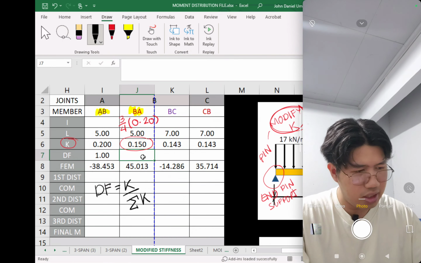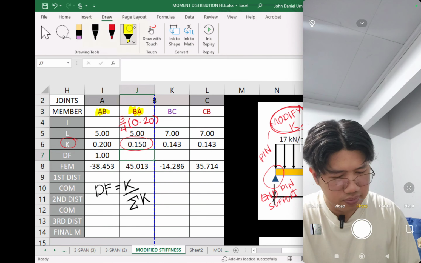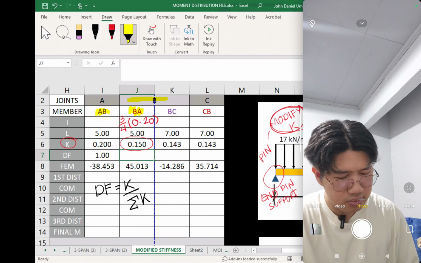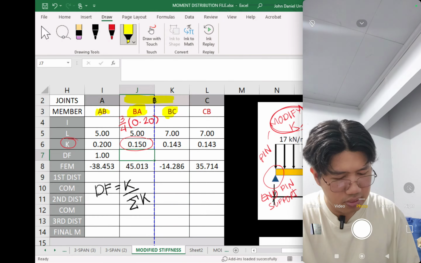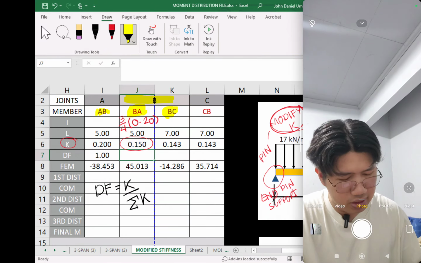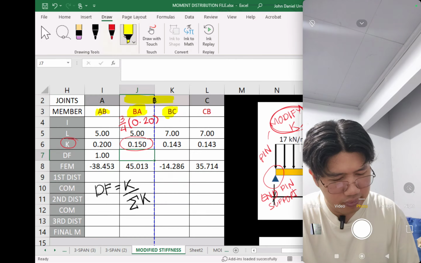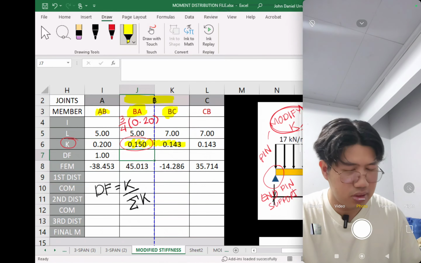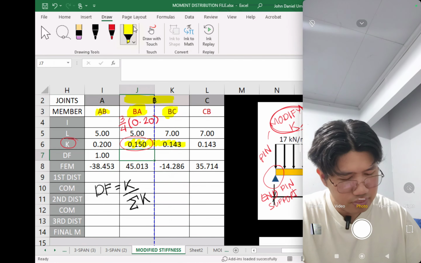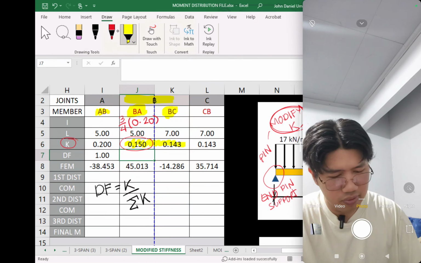Okay? And then for the joint B, you have two members that are connected with joint B, BA and BC. So that is, you take the sum of this one, okay, for summation KB. So that is 0.150 plus 0.143.